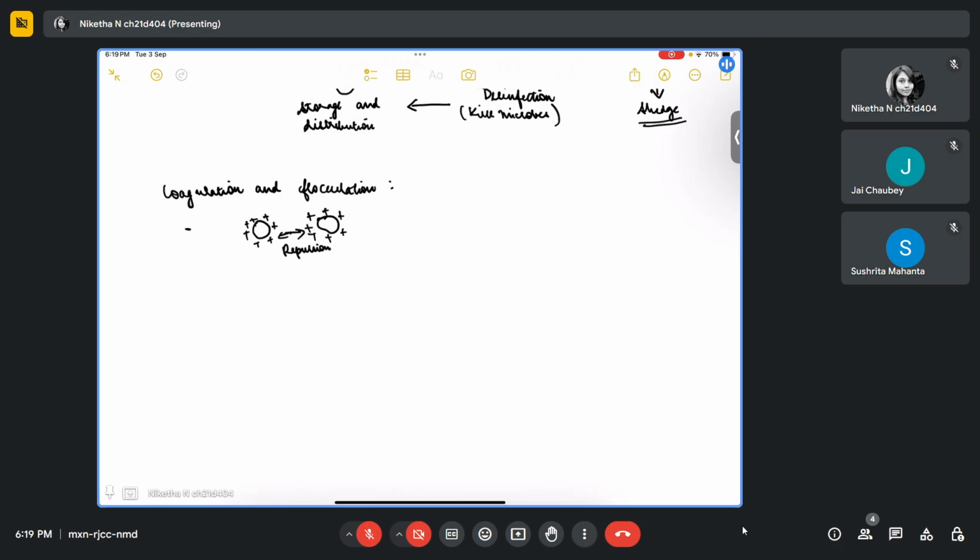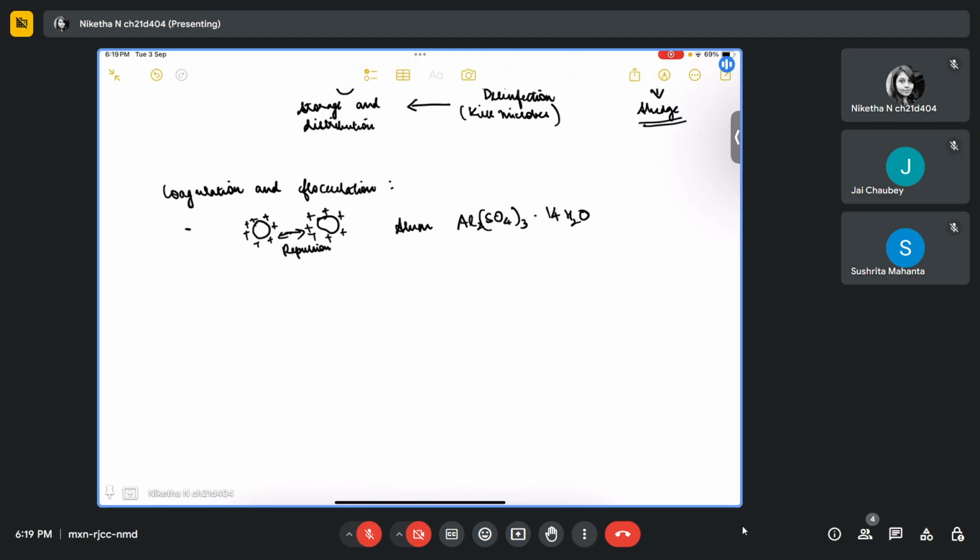So in coagulation, what we do is we add a coagulant like alum. And alum is nothing but Al2(SO4)3 aluminum sulfate, with 14H2O. So this is alum.